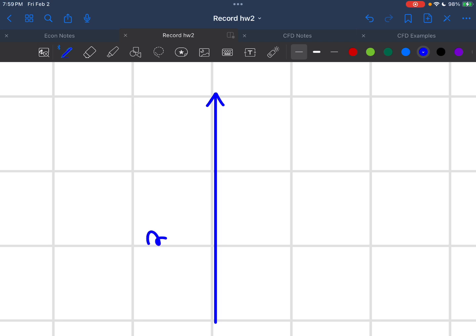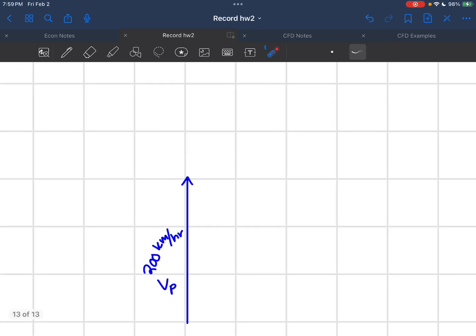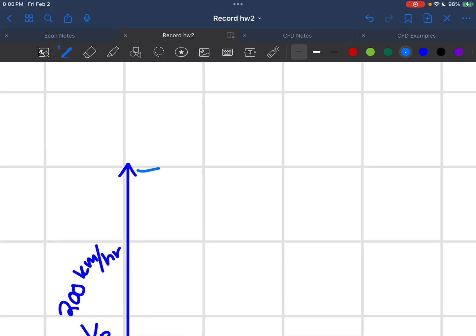And that's going to be our 200 kilometers per hour. I'm going to call it VP, though, for velocity of the plane. So without wind, that is what the plane would be doing. But there is wind, and that wind is pushing us to the east.